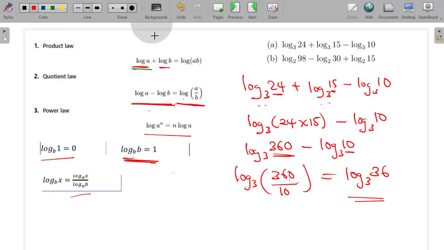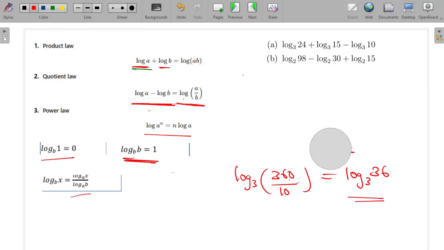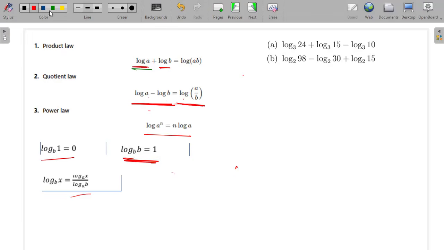Okay, next we do the next one, simplifying also. That's log base 2 of 98 minus log base 2 of 30, and then plus log base 2 of 15.